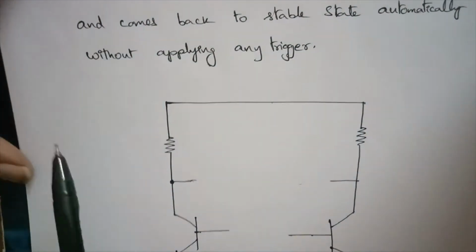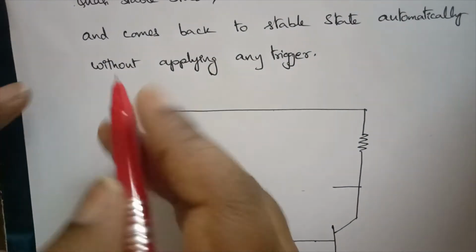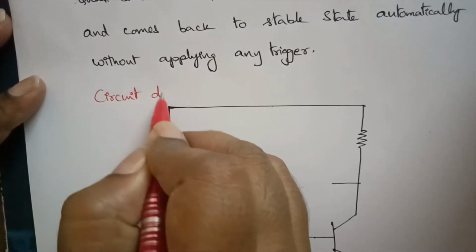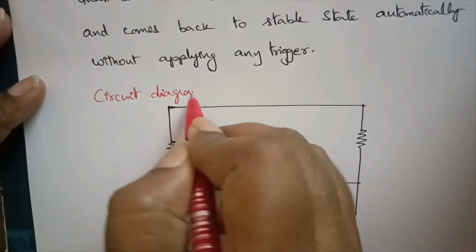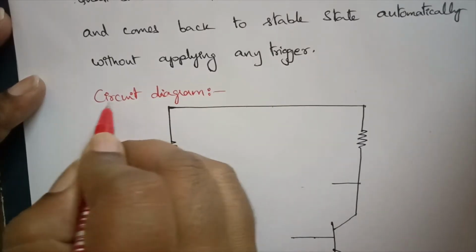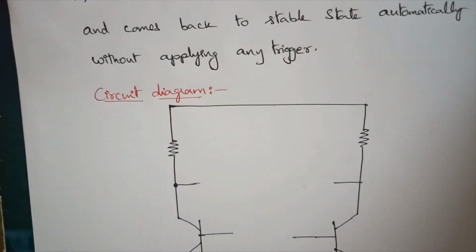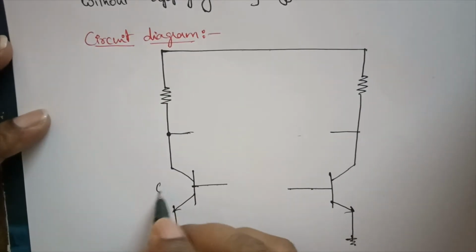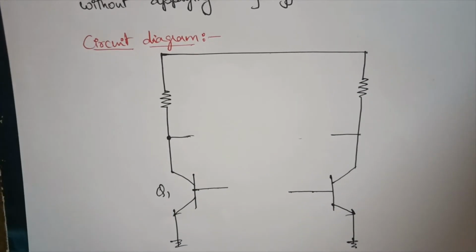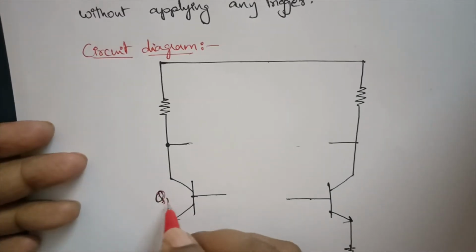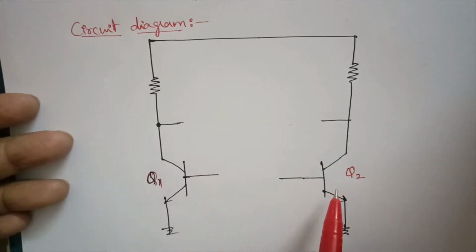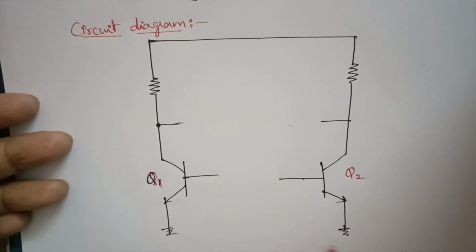Now coming to the circuit diagram. This is the circuit diagram of the monostable multivibrator. It is similar to the astable one. Here also I am using two transistors, Q1 and Q2, in common emitter configuration.